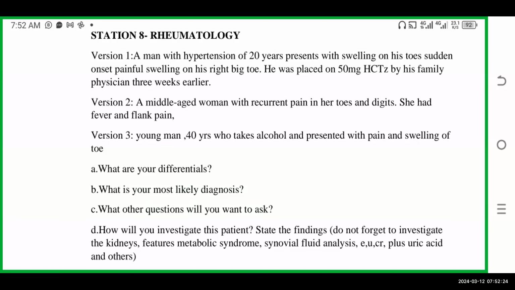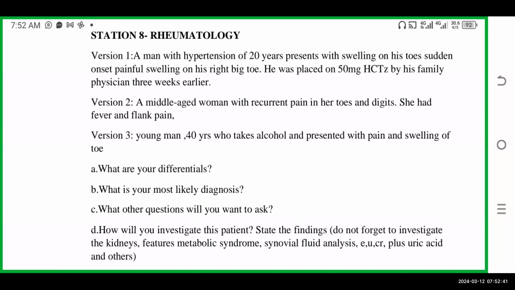Thiazides, and even loop diuretics, are notorious for precipitating an attack of gout presenting with podagra. Then in version 3, alcohol is also a risk factor. So we have a 40-year-old who takes alcohol.